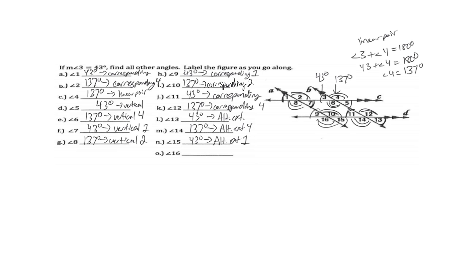And then 16 is alternate exterior to 2, so it's congruent. Okay, so these are our solutions, and then I gave the reasons to the right.